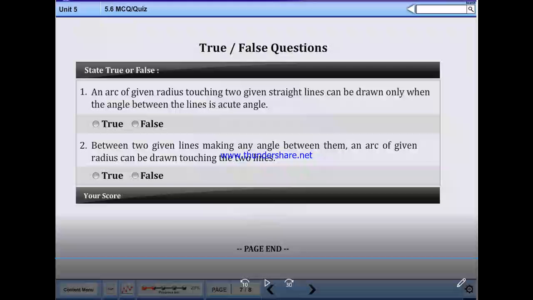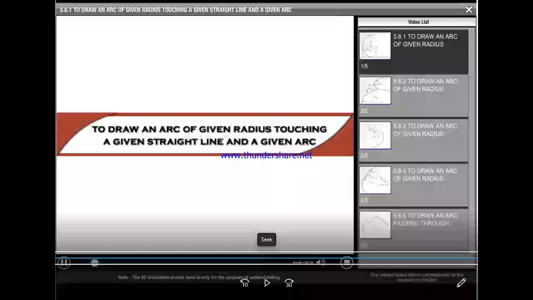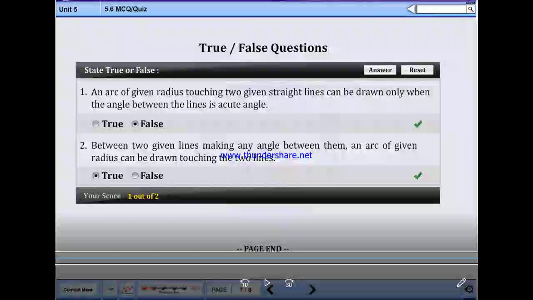Now you note down true and false questions. An arc of given radius touching two given straight lines can be drawn only when the angle between the lines is acute angle.